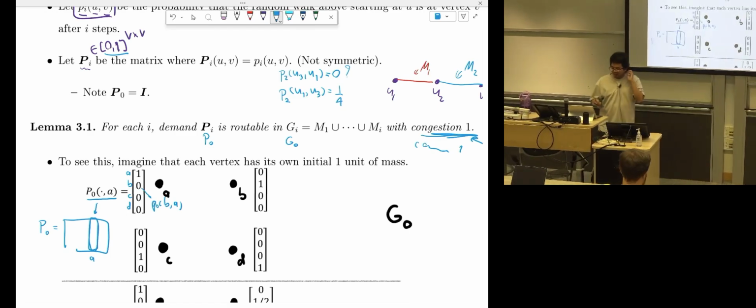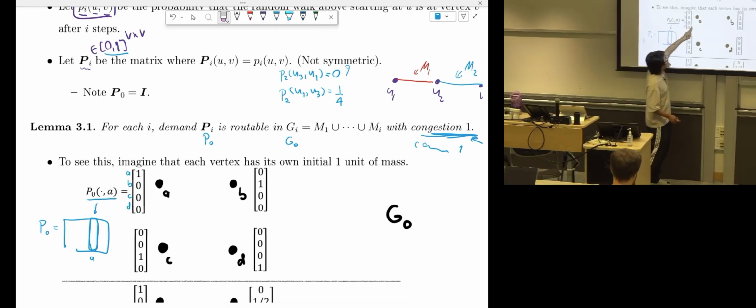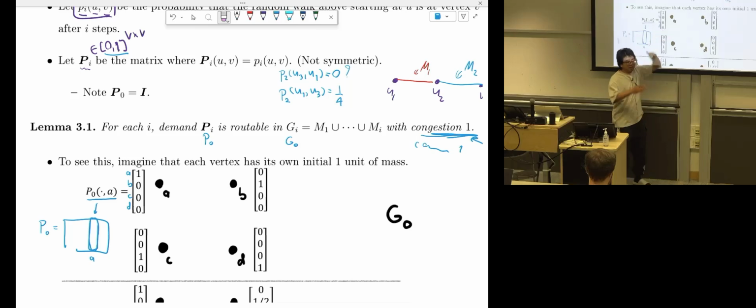So in the beginning, you can see that you can think of this vector as kind of the distribution from everywhere, like the probability mass from everywhere, how it ends up at A. That's this vector. Okay.